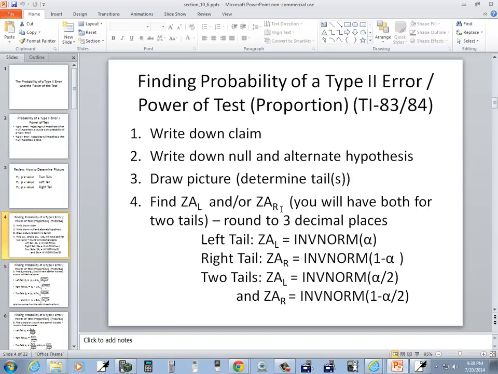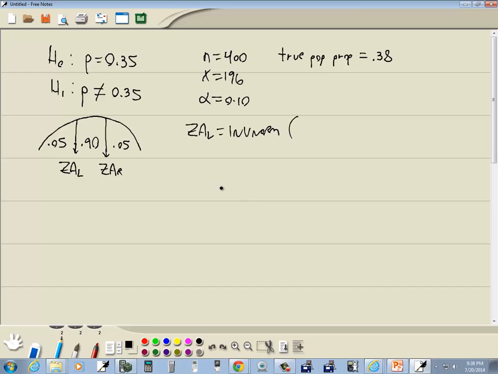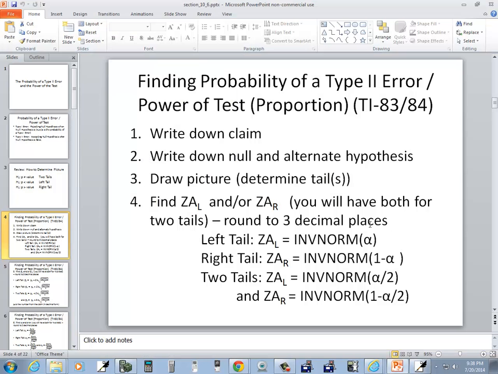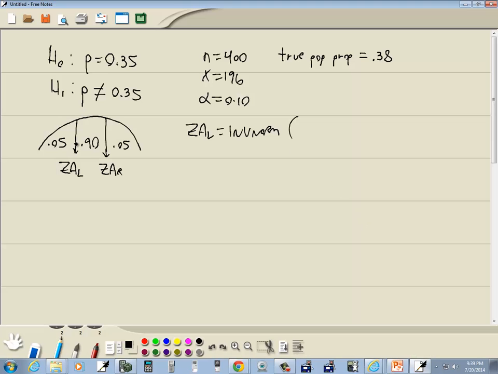Left tail, INV norm alpha. Well, this is left tail, but actually I want 2 tails. So it's alpha divided by 2, which if you look at it, here's ZA sub L, the area to the left is 0.05. So that's going to give us ZA sub L.